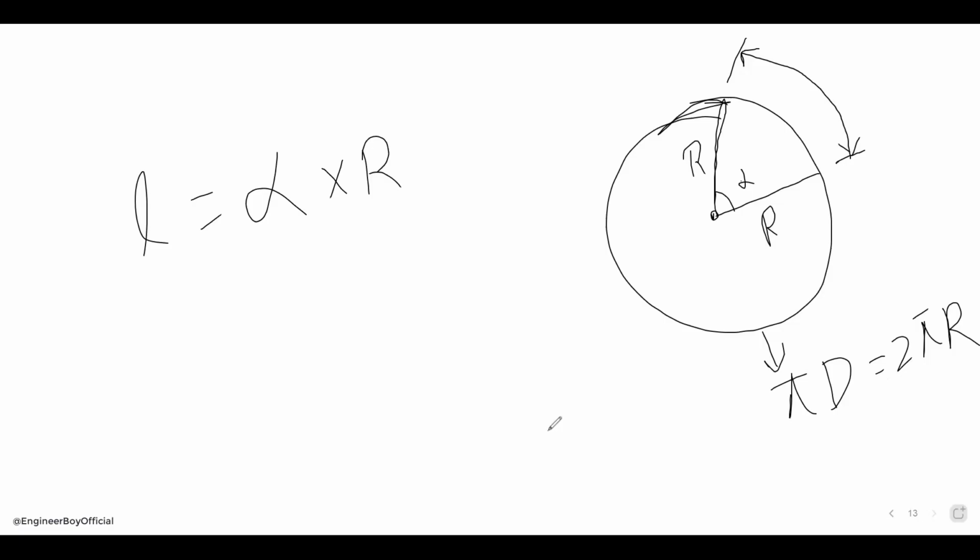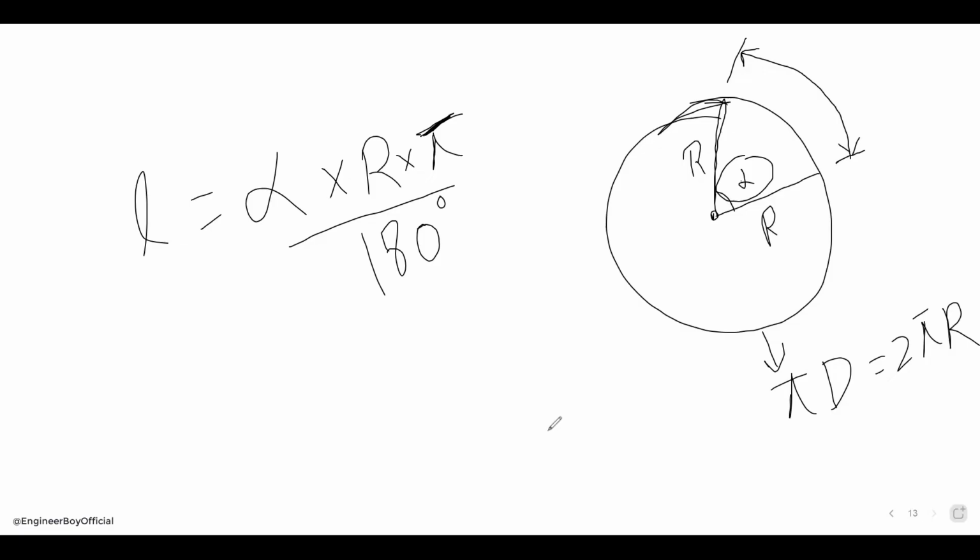But this alpha should be in radians. You can also convert this into degrees. If you have this angle in degrees, then of course you can use alpha times pi r divided by 180.